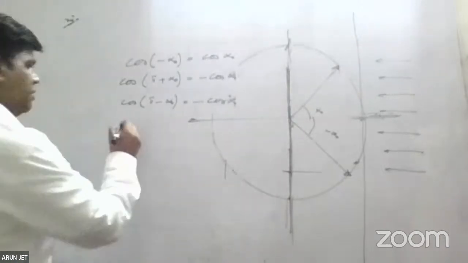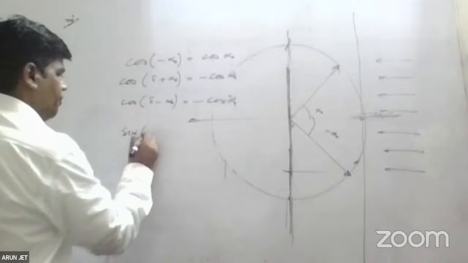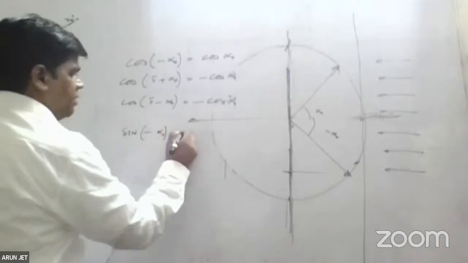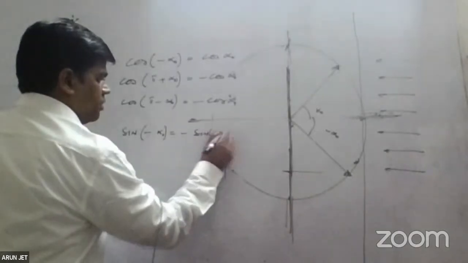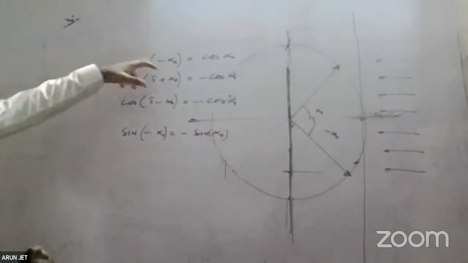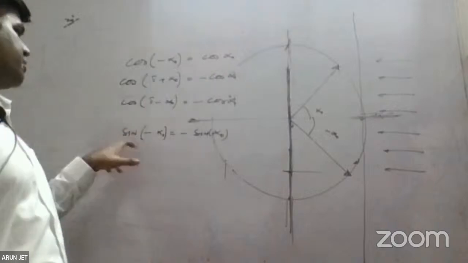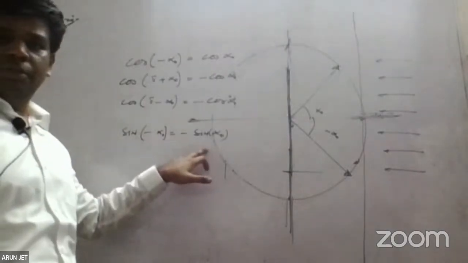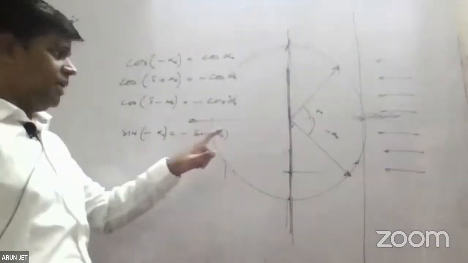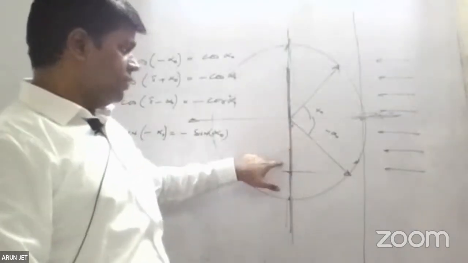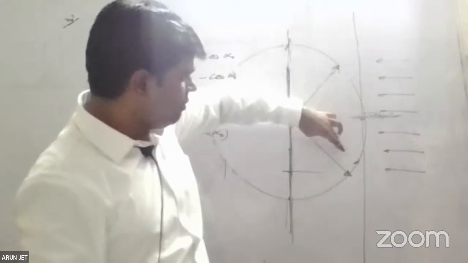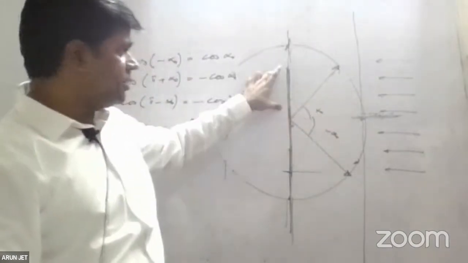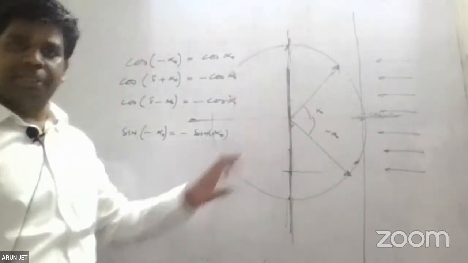So I can write sine of minus alpha is equal to minus sine alpha. Whereas cos of minus alpha is cos alpha, sine of minus alpha is minus sine alpha. Why? Because shadow of this one on the vertical line is sine, on the horizontal line is cos. Both the cos components are same, whereas sine components are same in length but oppositely directed.